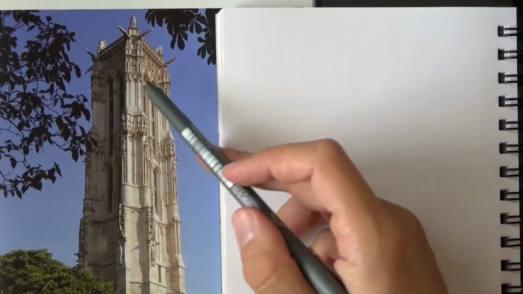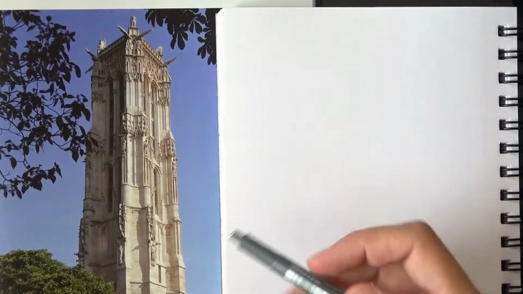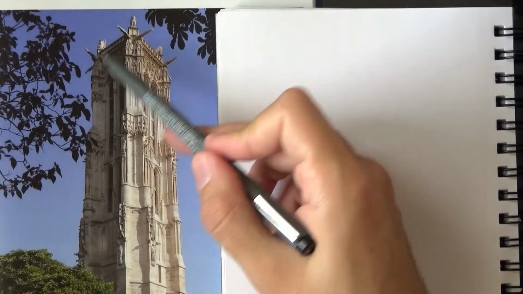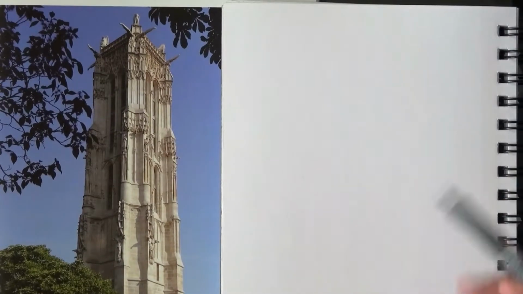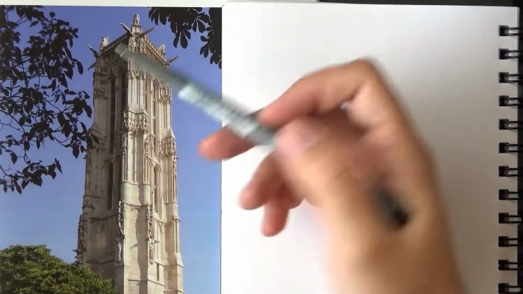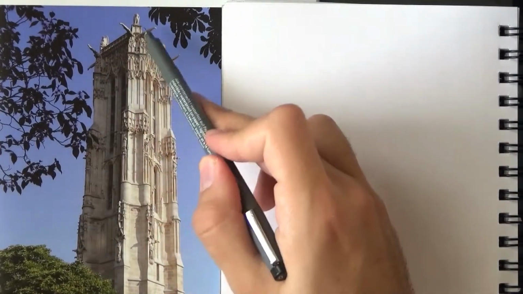So what I first want to do is just break this structure down into its simplest form. And to do that, we need to focus on the long lines. When you focus on the long lines, you get a better understanding of why a structure looks the way it does. So we have a lot of long lines, but the easier ones to put in are actually the top here.